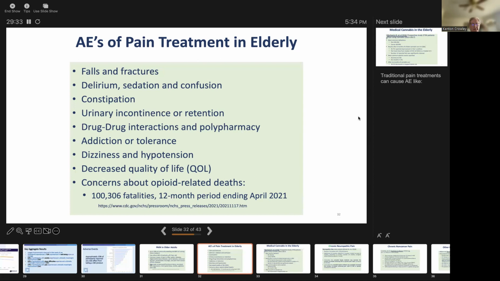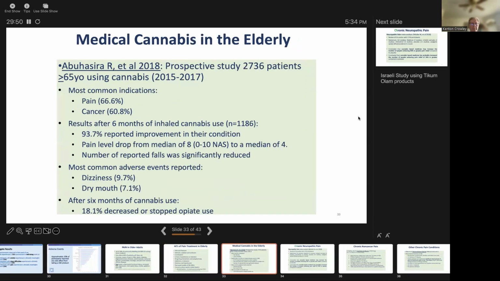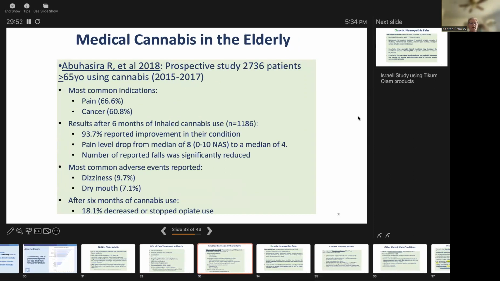The CDC reported that in the 12-month period ending in April of 2021, there were over 100,000 fatalities from an opiate-related overdose. So this is an Israeli study using Tikkun Olam products.